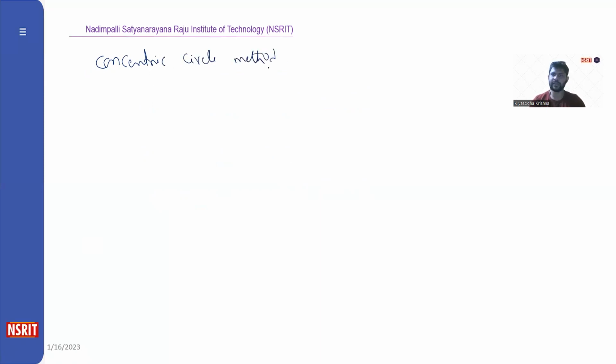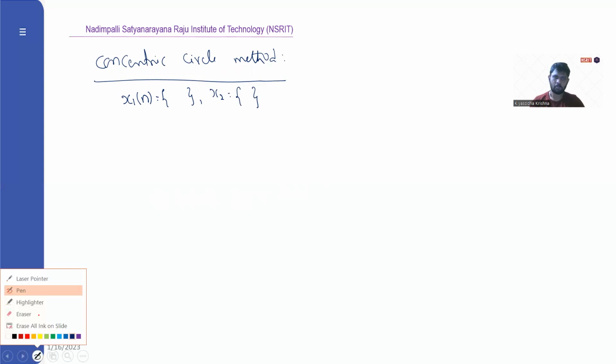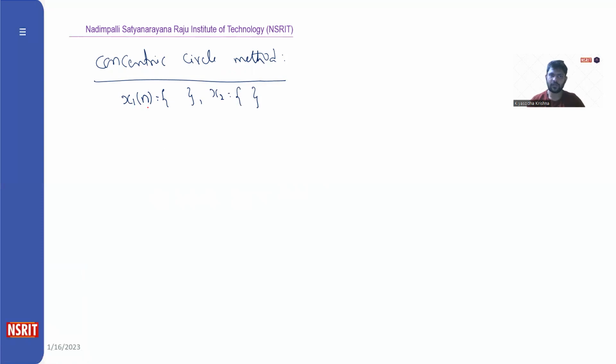So we have some steps to follow for this concentric circle method, and later on we will calculate. For the concentric circle method, obviously the question will be: find the circular convolution of two given sequences. That means they will give x1 of n and they will give x2 of n.